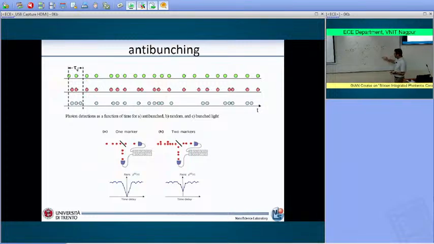And now you try to do a correlation between the two detectors. What does a correlation mean? It means that you have a signal that is high if both detectors click. And so you say the correlation is 1 because we had a click here and we had a click there. Or you get 0 correlation.